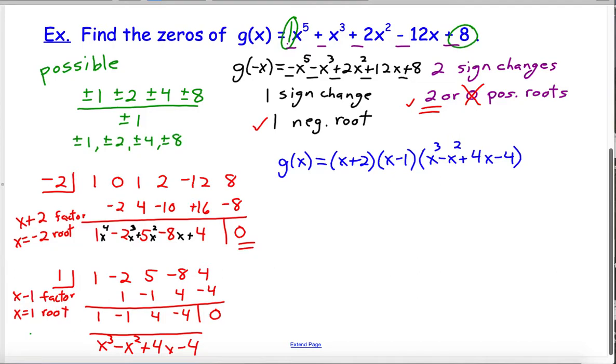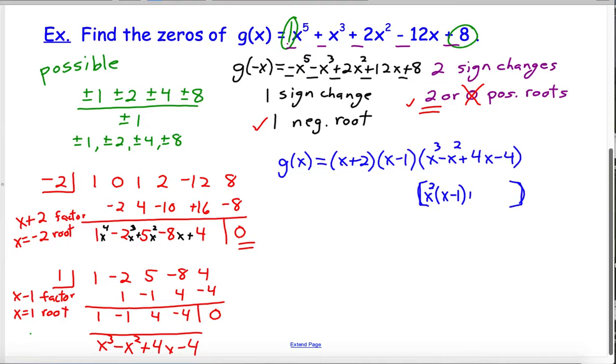And now I can try another one. I could try a positive 2 or a positive 4 or positive 8 or maybe another positive 1. But I can factor this one by grouping. I can factor out an x squared from the first 2 terms, and I'm left with x minus 1.